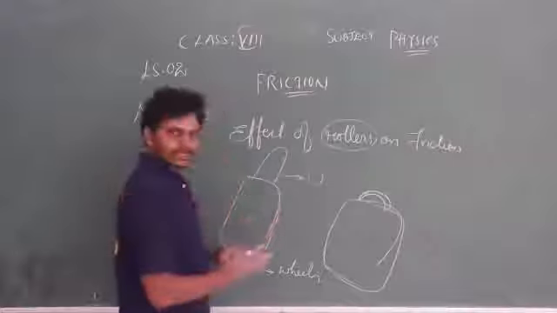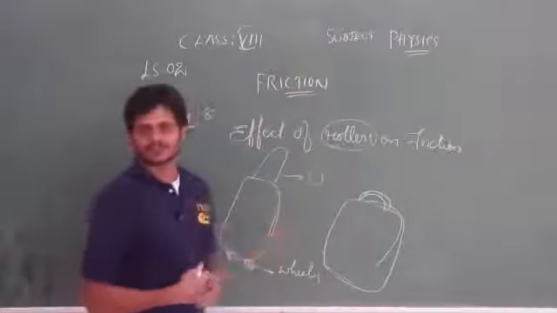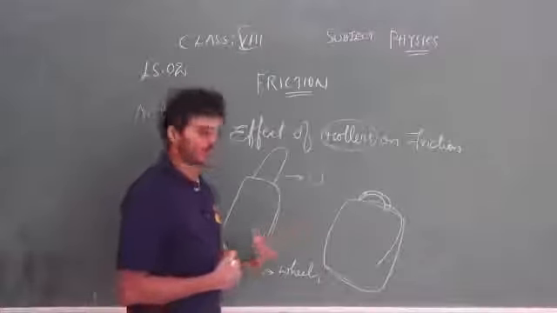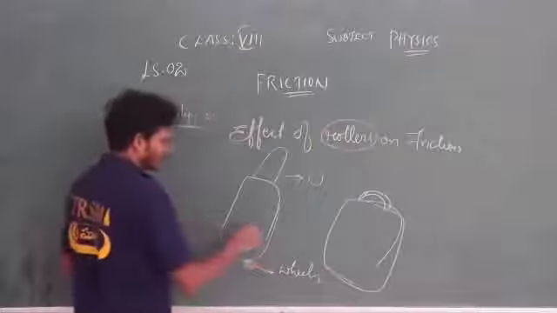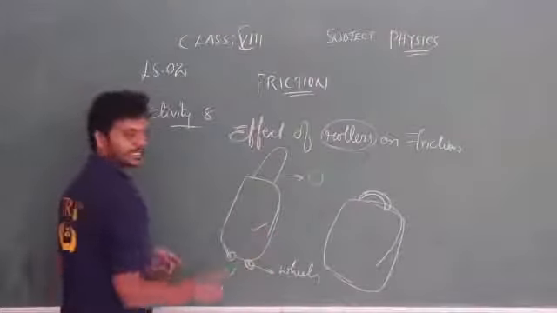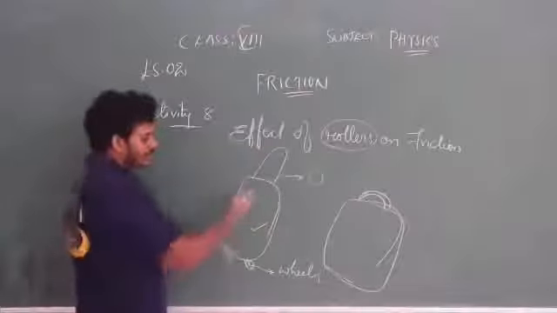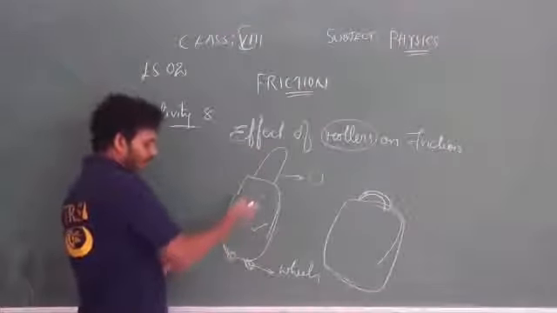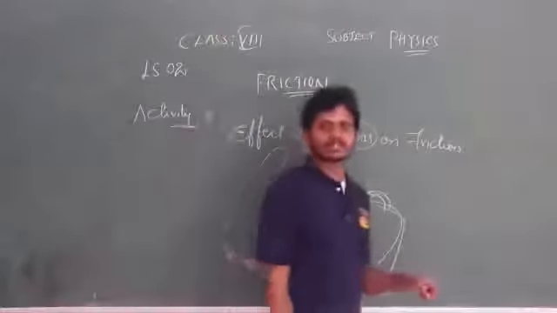On which bag can I exert less force? Obviously upon this one I exert less force. With a single hand, or with two fingers or with one finger, I can drag this whole load or this bag easily.